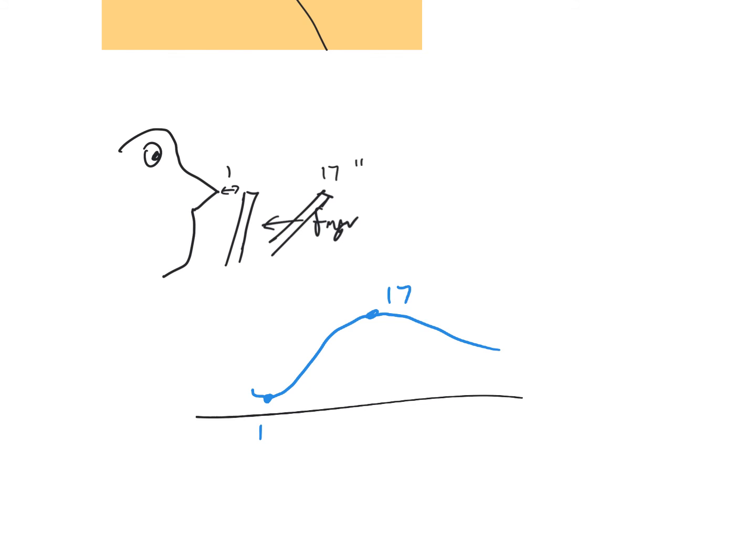So I'm going to tell you, my finger starts right by my face. When I start this whole thing, my finger is 1 inch from my nose. So this is really time 0, comma, 1 inch. And this is not time 1, comma 17.